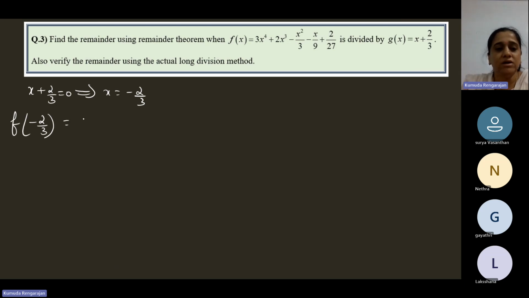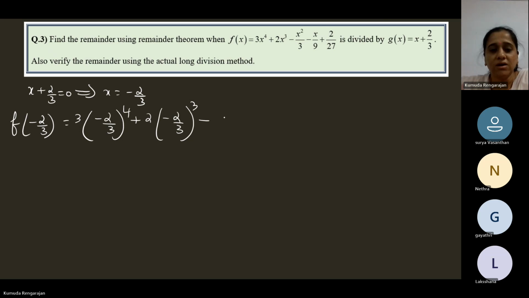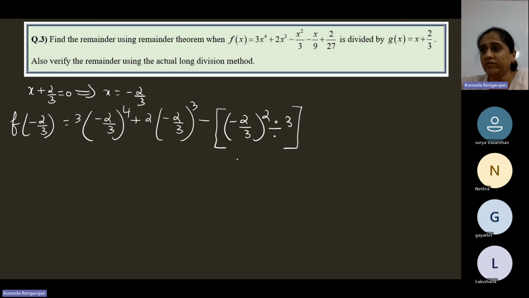So to find the remainder, we'll have to find f of minus 2 by 3, right? So it is 3 into minus 2 by 3, the whole power 4, plus 2 into minus 2 by 3, the whole cubed, minus minus 2 by 3, the whole square, divided by 3, correct? See this? This is how you have to substitute. It's minus x square by 3. So see here, minus is here.